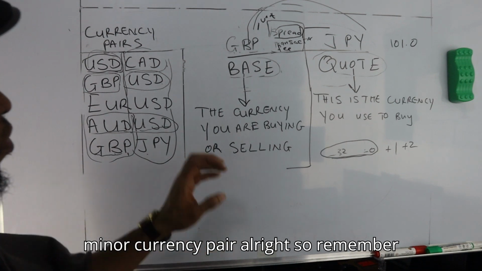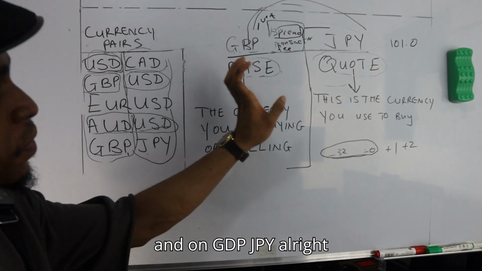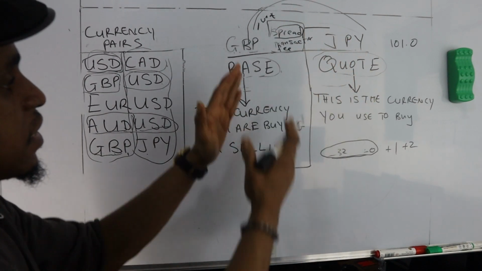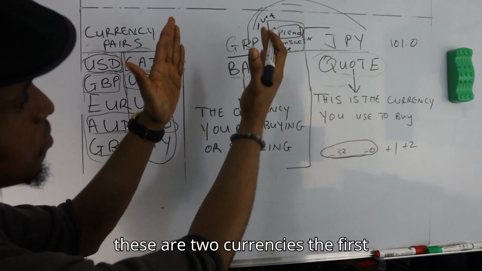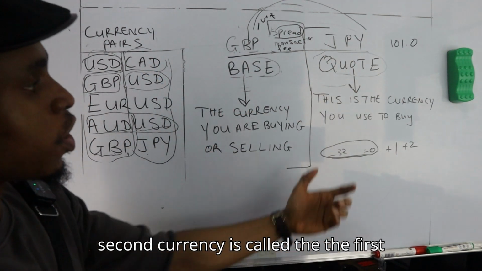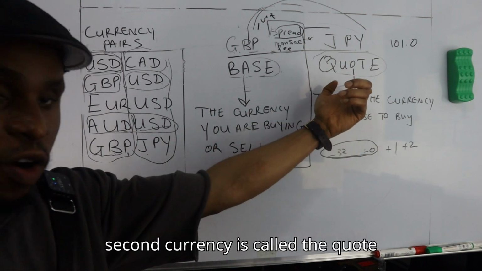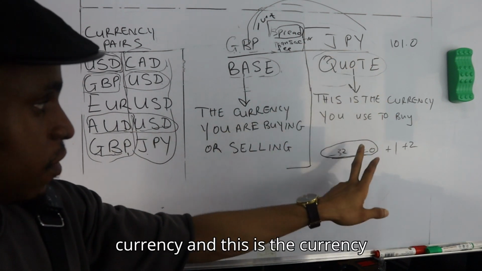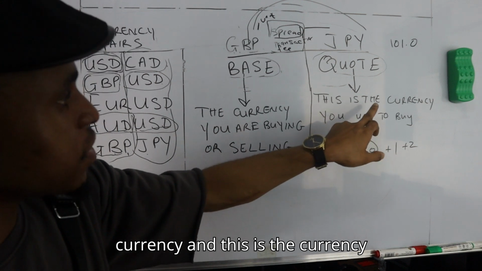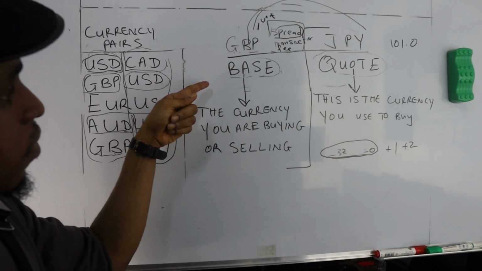All right, so remember what I said on USD/CAD and on GBP/JPY. These are two currencies. The first currency is called the base currency. The second currency is called the quote currency. And this is the currency you're using to buy the first currency.